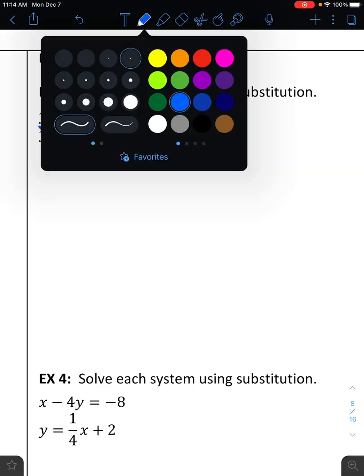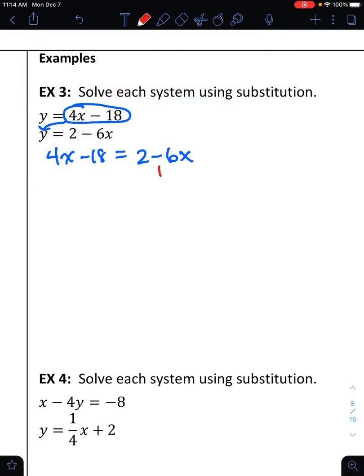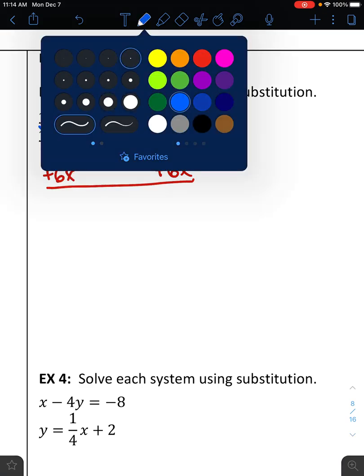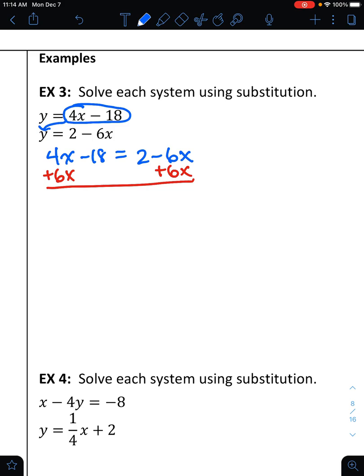Okay, let's solve for x. I'm going to first move the x term over. I'm going to add 6x to both sides. So 4x plus 6x gives me 10x minus 18 equals 2. These add up to 0.